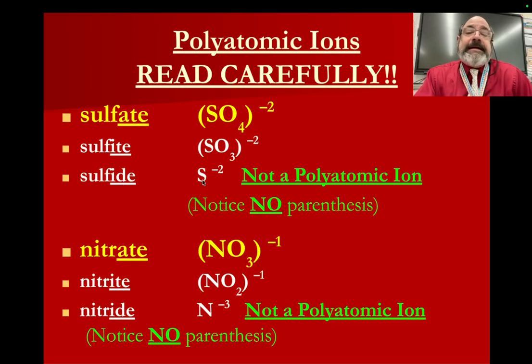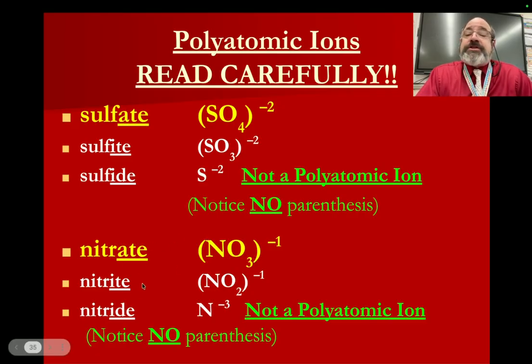Sulfide is no parentheses. Why no parentheses? It's not a polyatomic ion. That's just the plain sulfur off the periodic table, which we did before. There's only one element, S. So you don't need parentheses to hold together a polyatomic. It's just S. So S is sulfide. So be very careful. Notice with this one, there's no parentheses. We'll talk about that in a second.